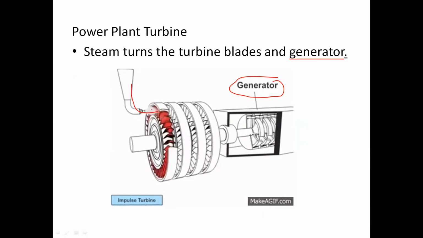You can see here the steam, which contains the heat energy, is converted into mechanical energy. The turbine is the one that converts the heat into mechanical energy, and then the turbine turns the generator, which has magnets inside. And this converts the mechanical energy into electrical energy.